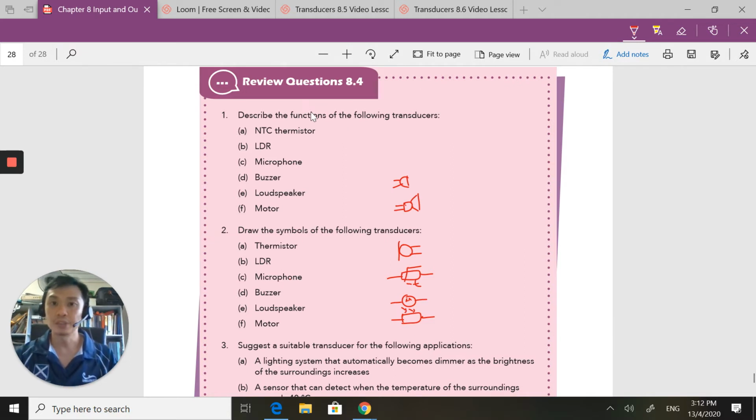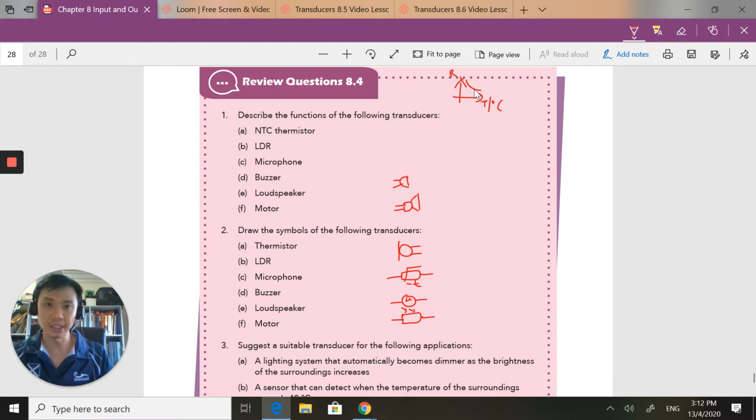Describe the functions of the following transducers. NTC thermistor. For an NTC thermistor, remember the resistance, if I plot it against the temperature, when the temperature increases, the resistance of the thermistor decreases.